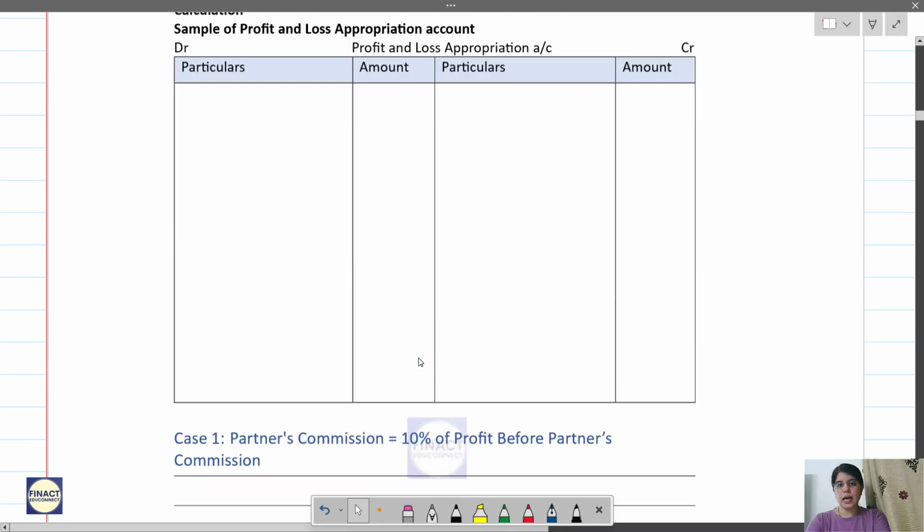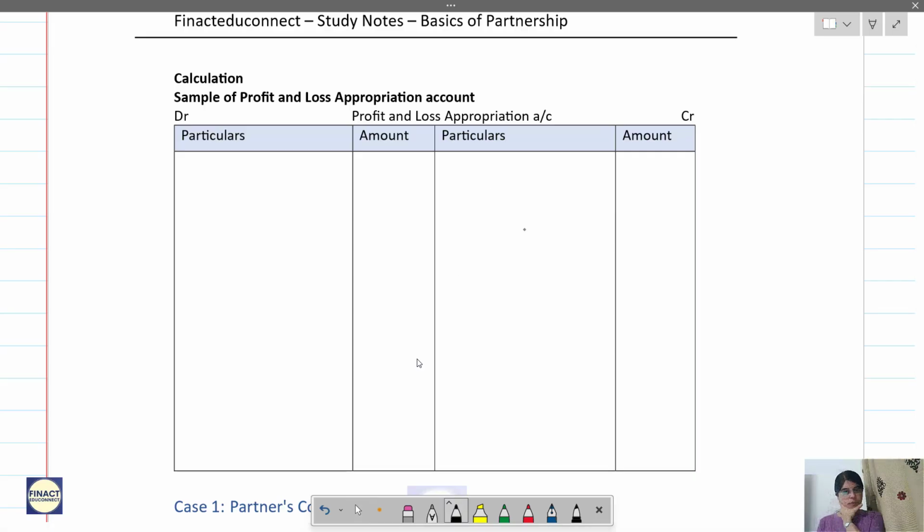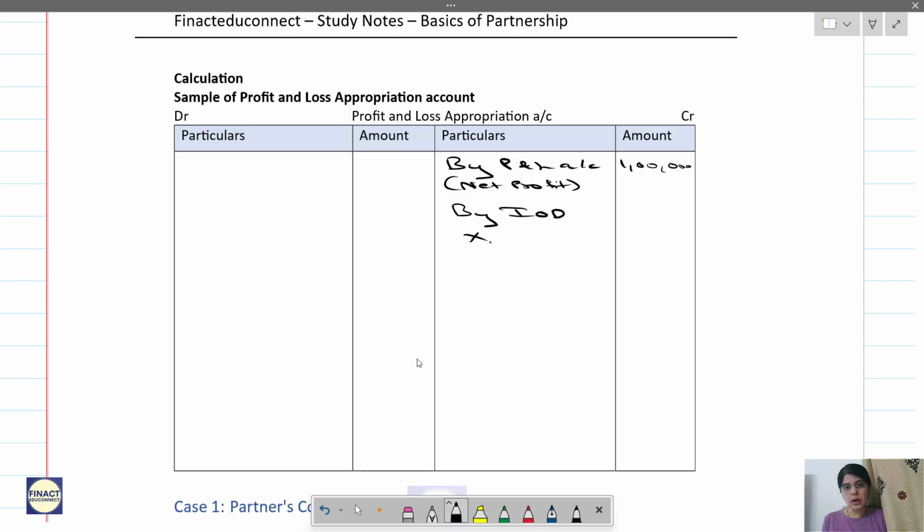Now we will calculate partner's commission. For calculation, we are preparing a format of the profit and loss appropriation account. Just copy this format first along with me. By P&L account, this is the net profit. Just write the amount, it is 1 lakh. Then by interest on drawings, you have 3 partners, X, Y and Z: 10,000, 5,000, 5,000.